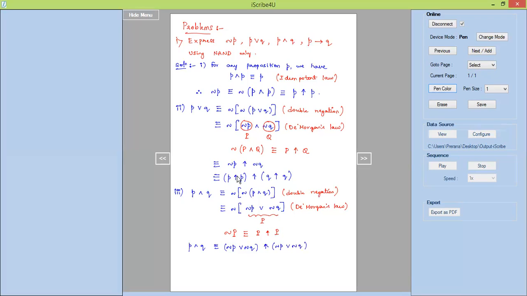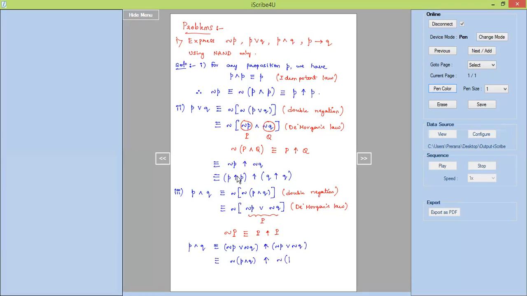Right? So this is logically equivalent to writing this now in the form: negation P or negation Q is nothing but negation of P and Q. So we will represent that for the first one. Negation of P and Q. We have NAND in the middle.